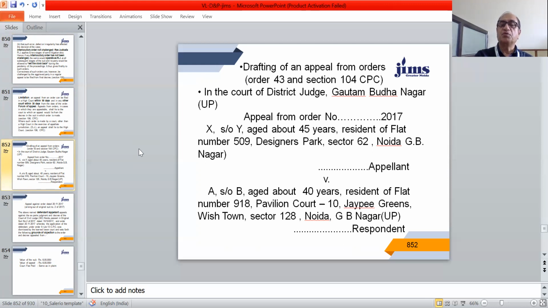So in this illustration, the name of the court we have selected is the Court of District Judge, Gautam Buddha Nagar, UP. Appeal from order number ___ of 2017. The names and addresses of the appellant and respondents are to be drafted by you on your own.